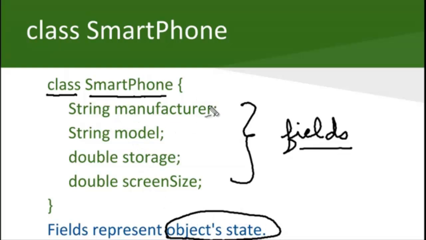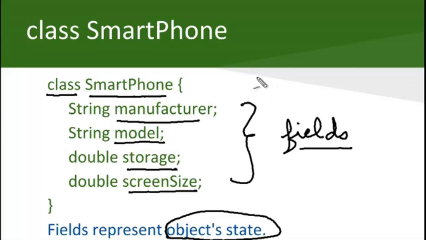I have just taken 4 fields here, but there can be many, and for a class like smartphone there are many fields. So there is a string manufacturer, there is a string model, there is a double storage which tells the storage a smartphone has, and say a screen size. Now the objects of the smartphone will be defining their own values of these fields.